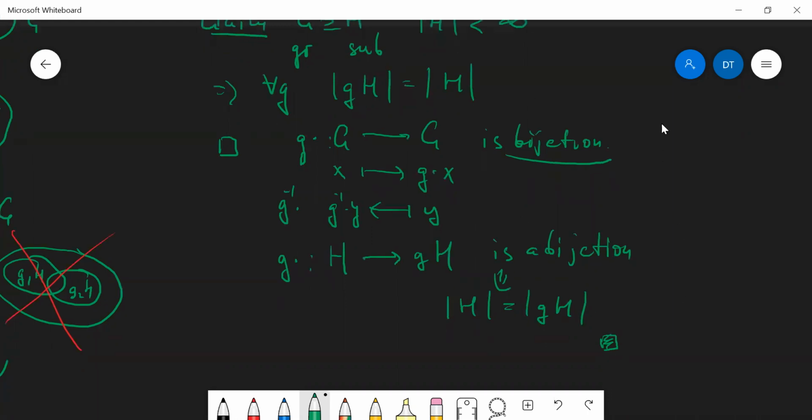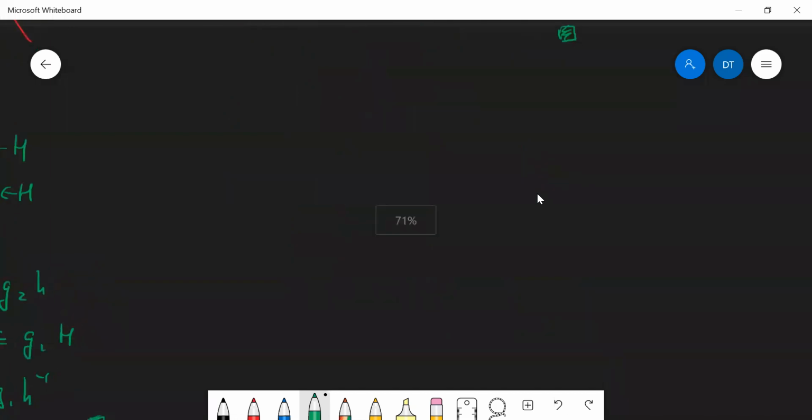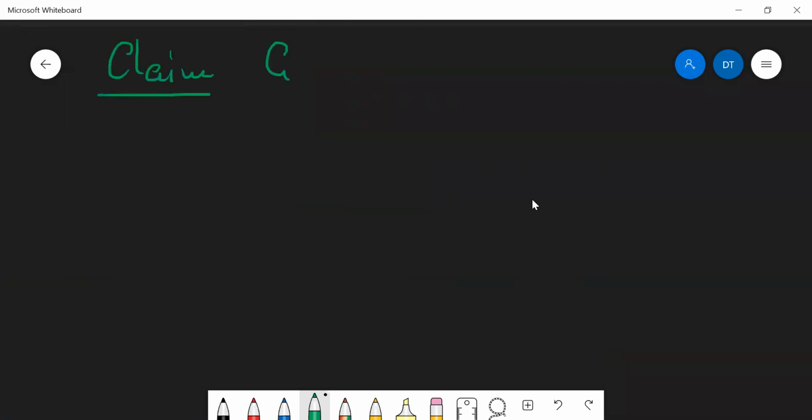Okay, so let me formulate a claim. So claim, suppose G is a group, H is a subgroup, and G is finite.